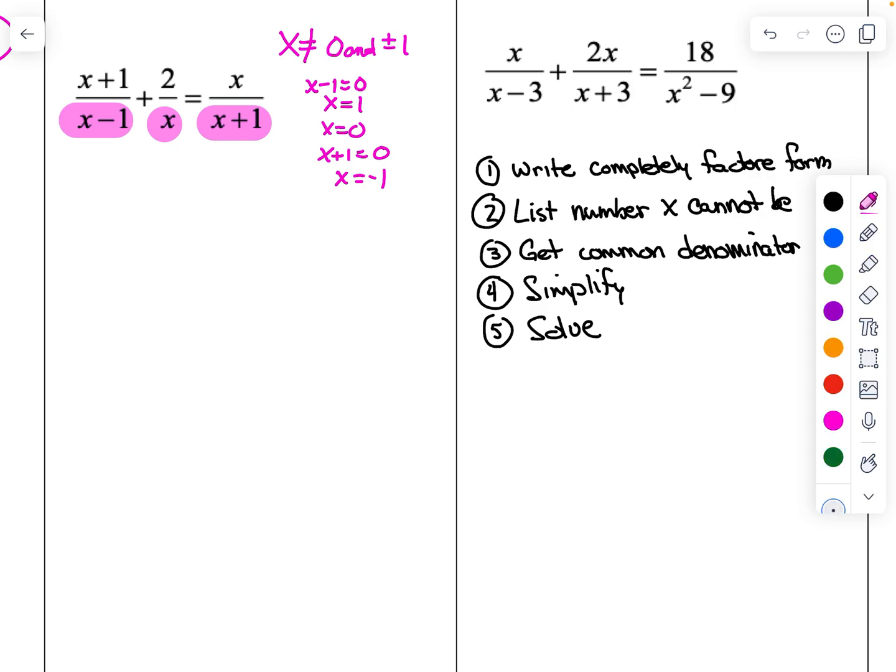Okay, now that we have that, get a common denominator. Common denominator is going to be x plus 1, and x minus 1.